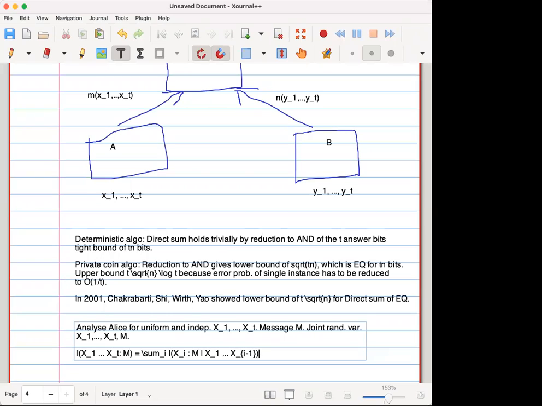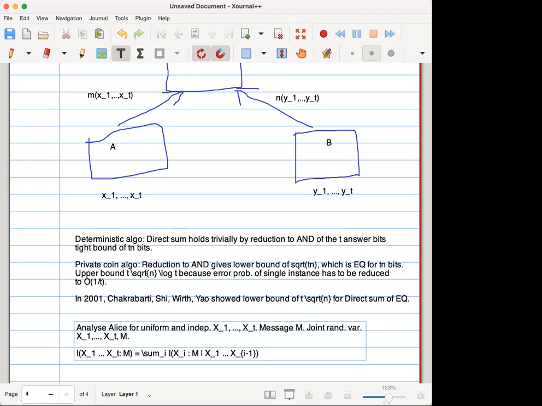The only reason the conditioning appears is because the message is a function of all the random bits. So the question is, if Alice does clever things, can she get by with less than t times square root of something?